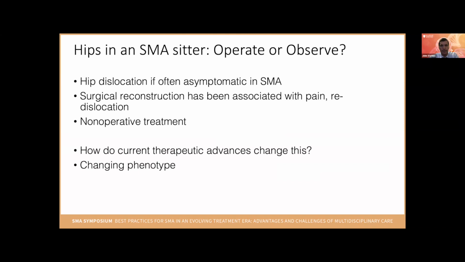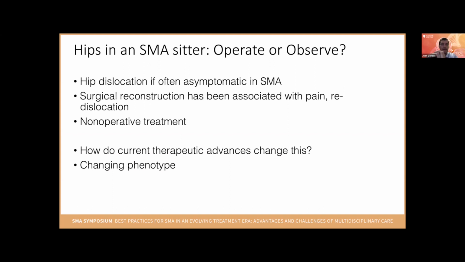But the changing phenotypes associated with the advent of these new treatments that we've been discussing in this meeting are really causing us to question this therapeutic dogma. At our meetings, pediatric orthopedists are wondering as a group whether these young patients who receive these new therapeutics at younger ages might have better muscle tone around the hips.